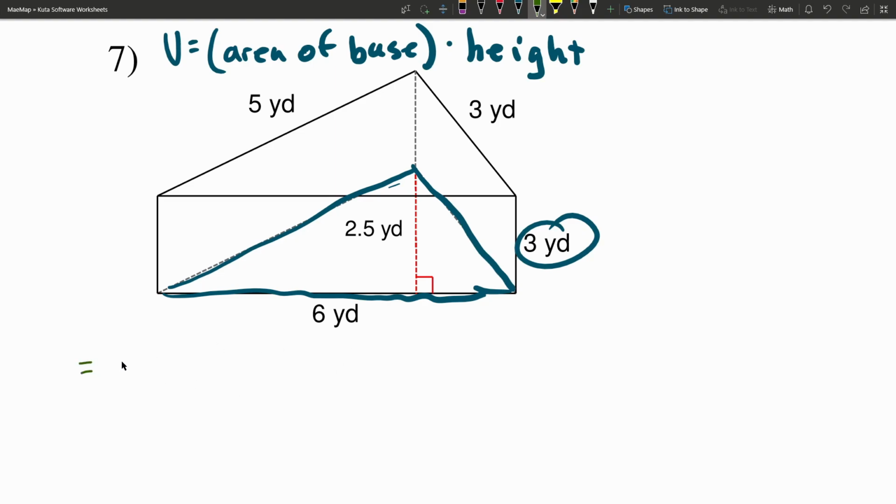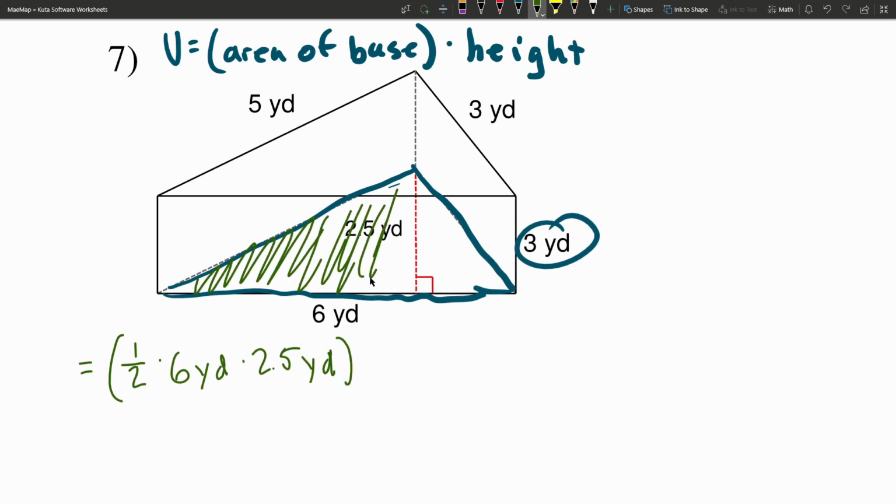The area of our base is 1/2 times the length of the base of the rectangle, which is 6 yards, times the overall height of that triangle, which is 2.5 yards. So there is the area of the base. If we were to calculate that out, we'd get this area that I just shaded in. But this area of the base gets multiplied by the overall height of our figure, which we already stated was 3 yards.